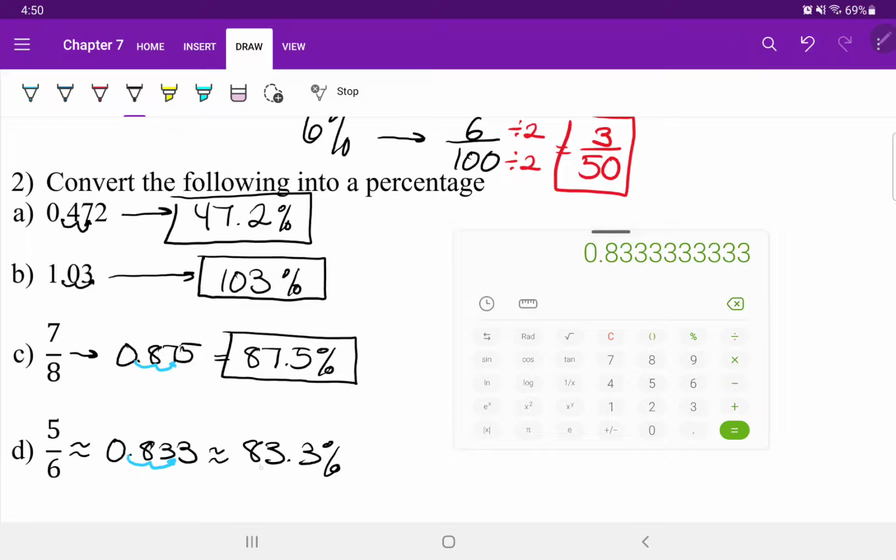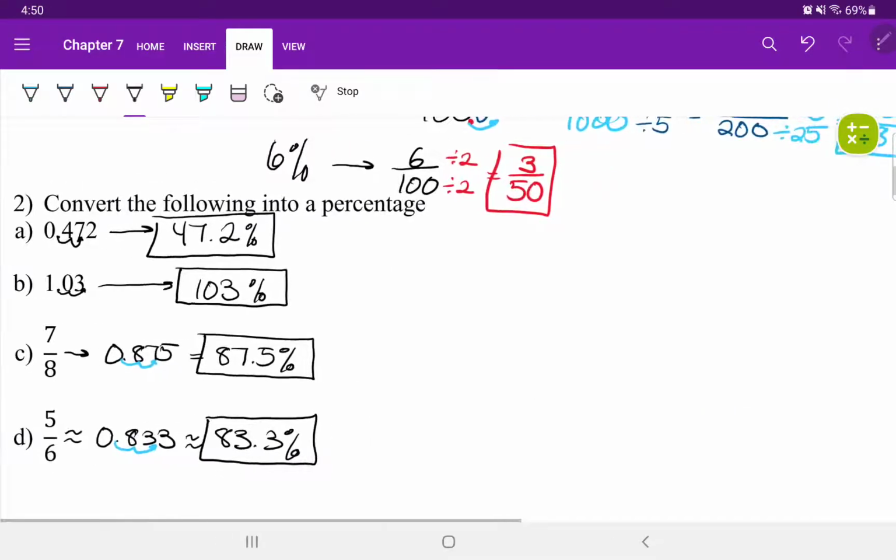And I'm using approximately because this number is continuous. And that is how we convert decimals and fractions into a percent.